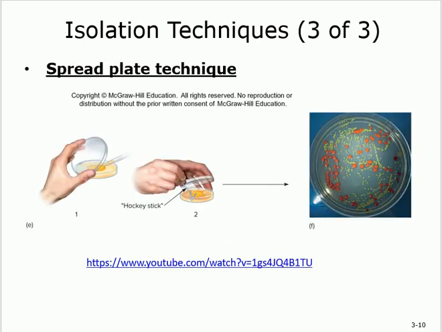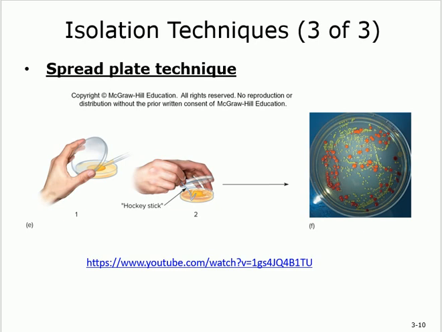And the third one is called the spread plate technique. This is where you spread it from the beginning instead of streaking. And this is showing you what this is. This is the flame. You are going to re-sterilize before spreading in the plate.